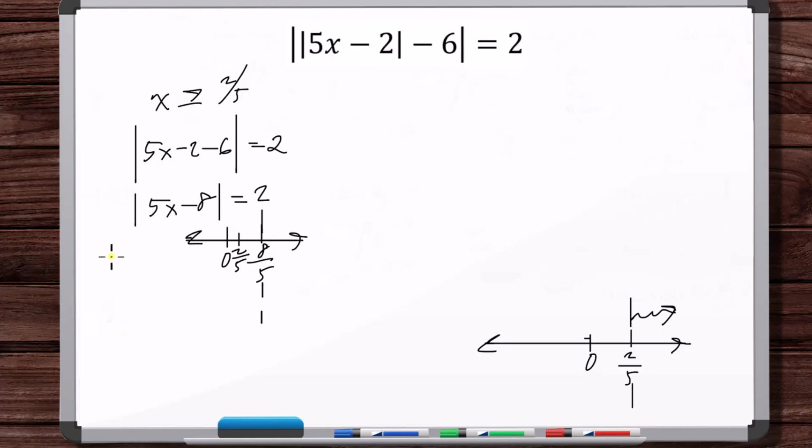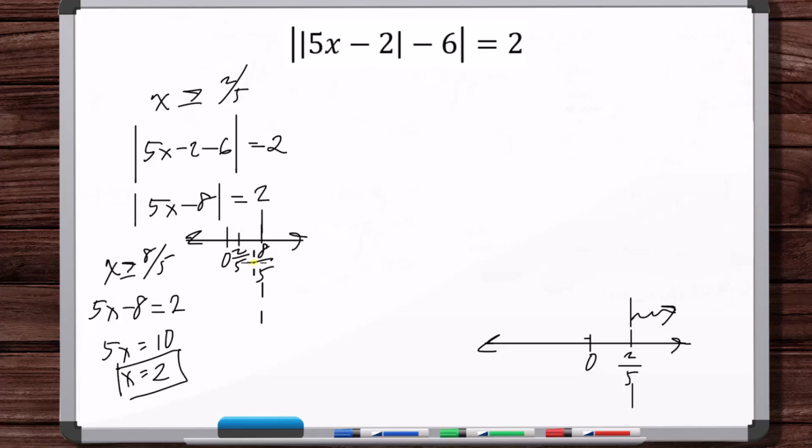So okay, we start with x is greater than or equal to 8/5. That means 5x minus 8 is going to be positive or 0. Add 8 to both sides. Divide both sides by 5. X is equal to 2. That is greater than or equal to 8/5, so this is a solution. Okay, let's do x is less than 8/5.